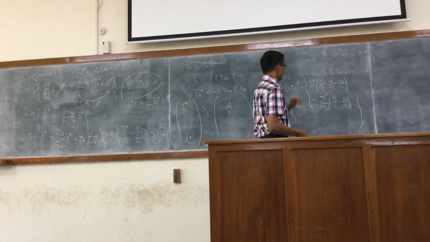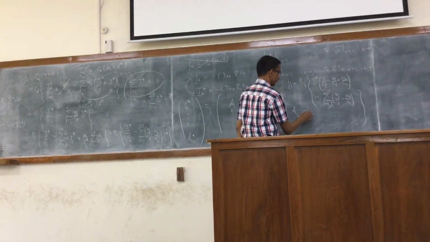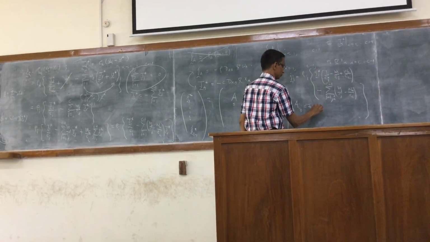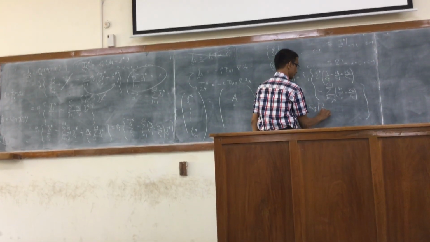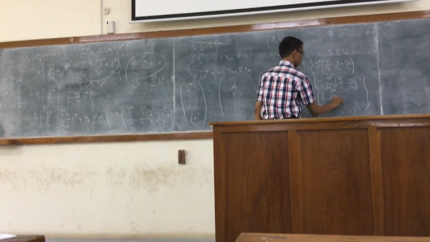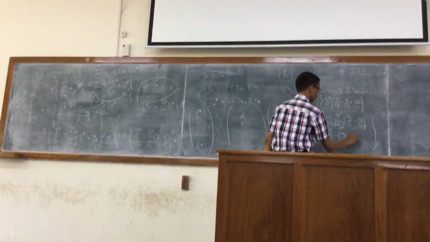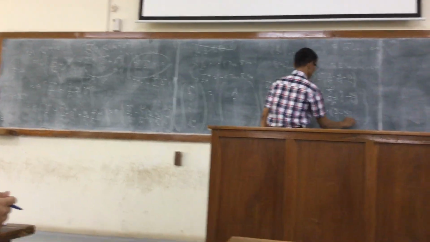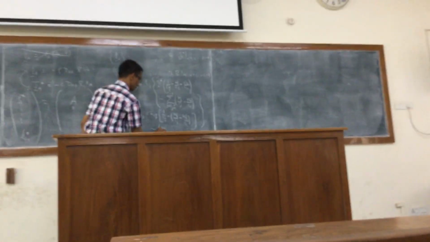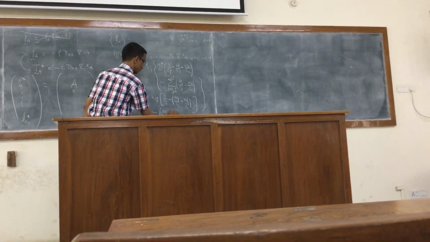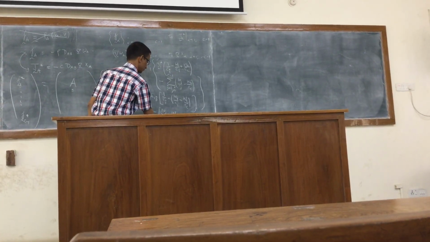So I can write this as delta ij times 1 over Ci minus Wi by Ci minus Wc by Cc, minus Wj by Cj minus Wc by Cc.